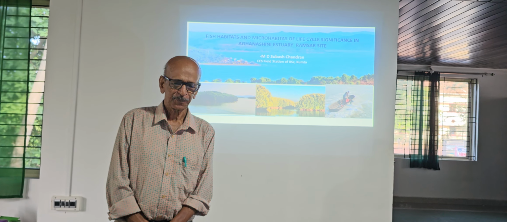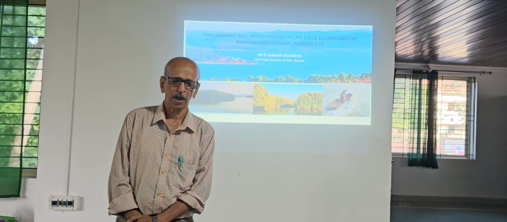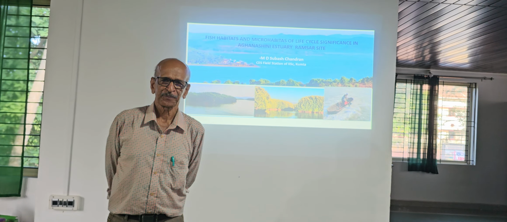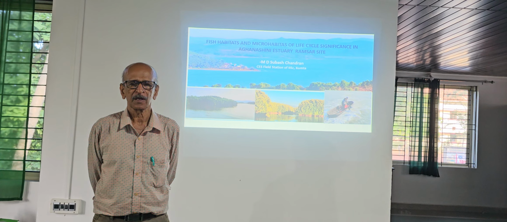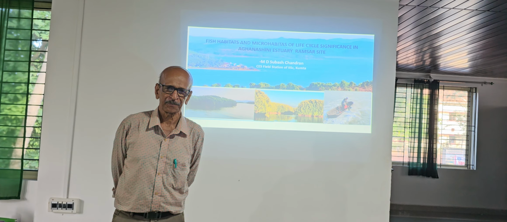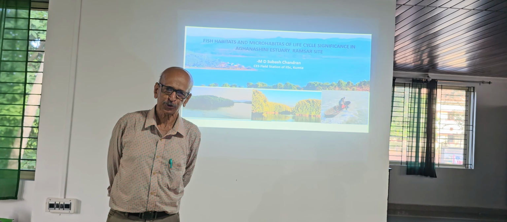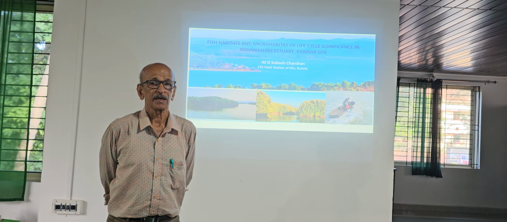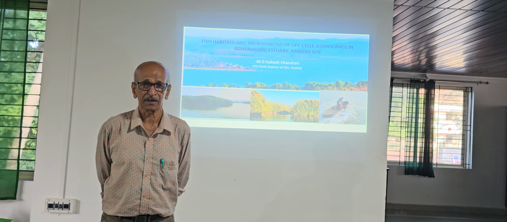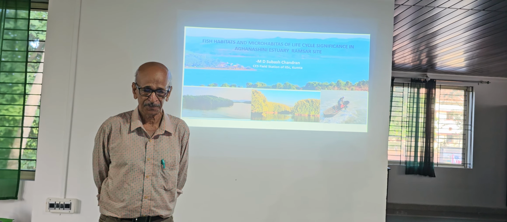the various habitats and microhabitats of fishes in the estuary of Aghanashini river on the west coast of Karnataka. And this estuary has been declared recently as Ramsar Site of International Conservation Importance.